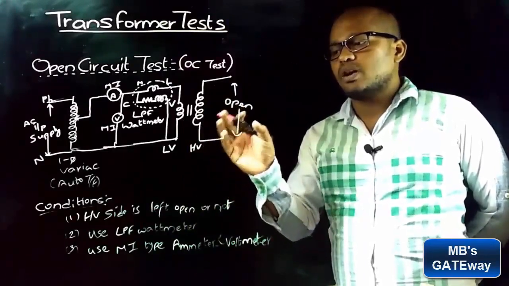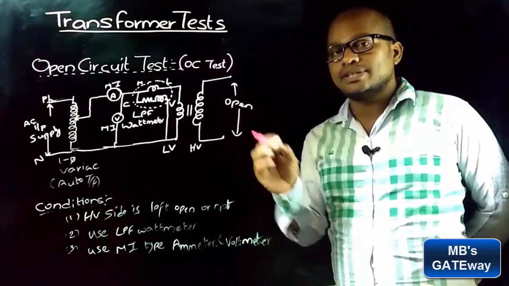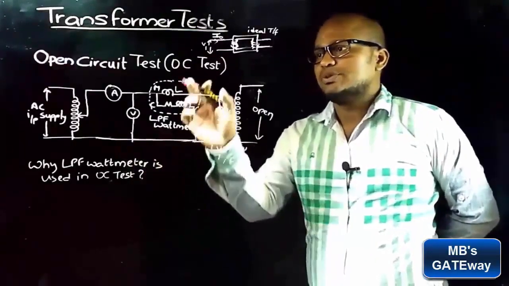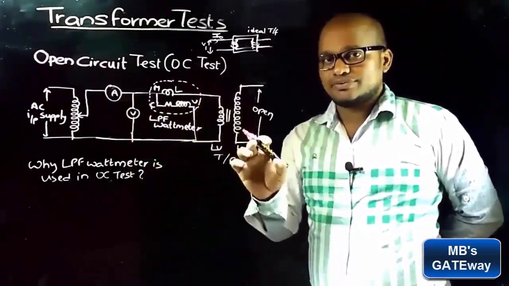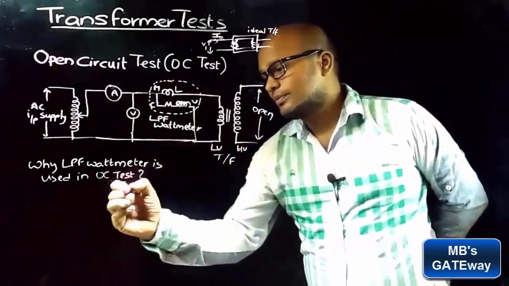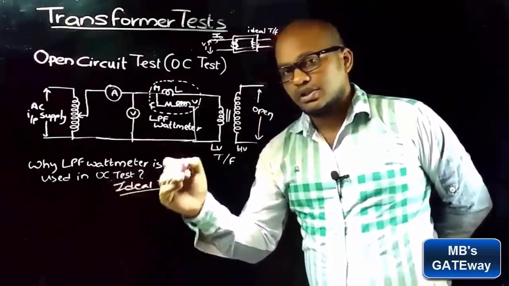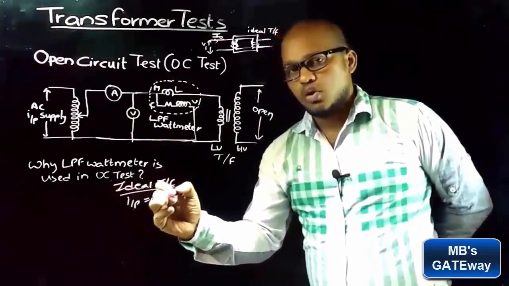First, let's discuss why an LPF wattmeter is to be used in the open circuit test, and then it will be discussed what happens if the test is performed on the HV side with the LV side open. Now let's discuss why an LPF type of wattmeter is to be used in the open circuit test to measure the input power of the transformer. To understand that, it is important to recall the concept of an ideal transformer, in which input power is equal to output power.